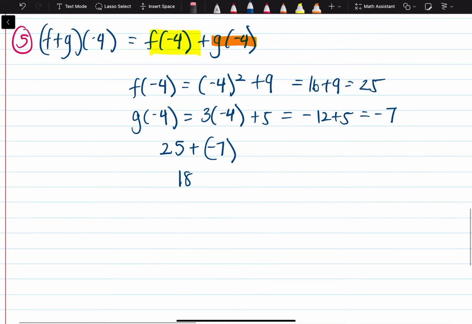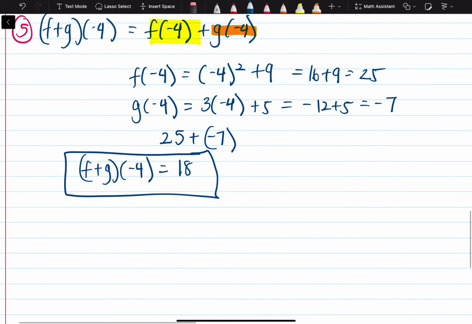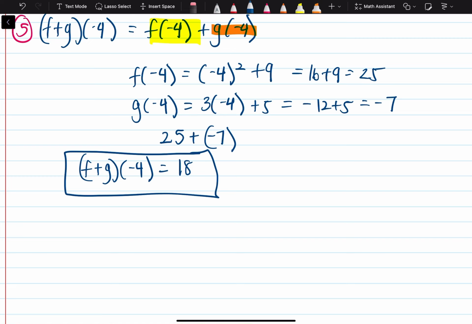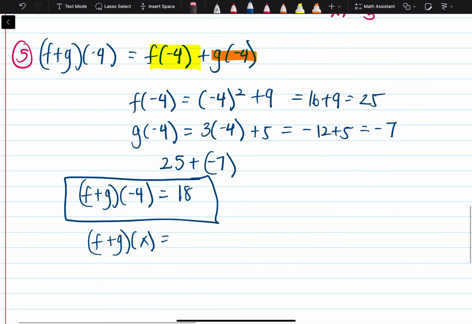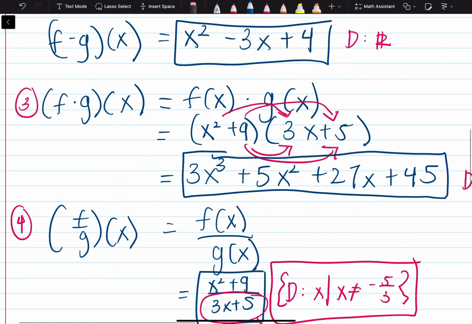So f plus g of negative 4 would be equal to 18. Now that's one way that you can do this. Or like I said, you can first just find what f plus g of x is, which we already know. F plus g of x is equal to, we did it up here, x squared plus 3x plus 14.